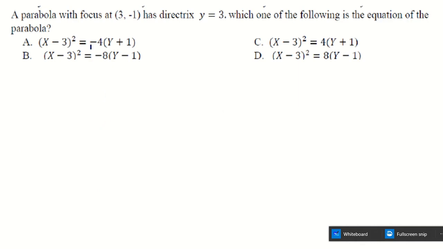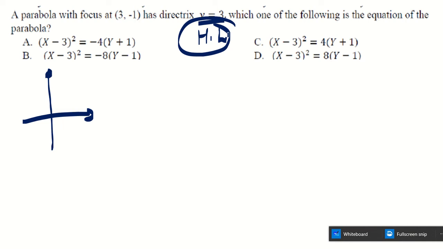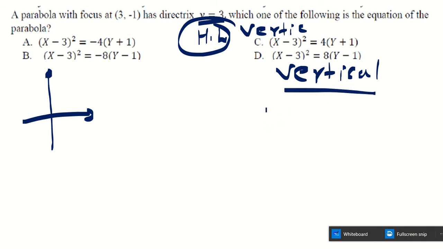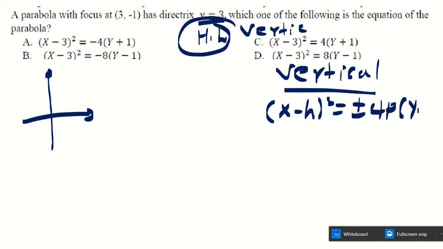A parabola with focus 3, negative 1 has a directrix y equal to 3. First of all, the directrix y is equal to 3 is a horizontal line. If the directrix is a horizontal line, the parabola is vertical. For a vertical parabola, the equation must be x minus h the whole square is equal to plus or minus 4p times y minus k.